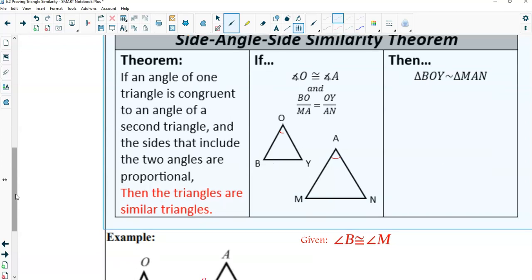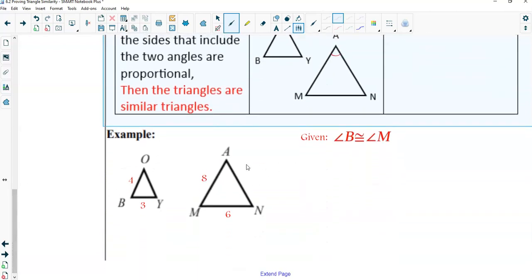Alright, let's look at the example. Let's say triangle BOY right here and triangle MAN, given that angle B is congruent to angle M. Notice the angle is included between these two sides. Well, this side right here corresponds to this side.